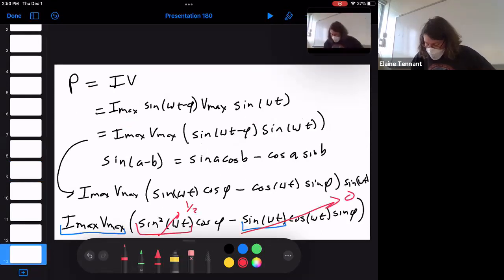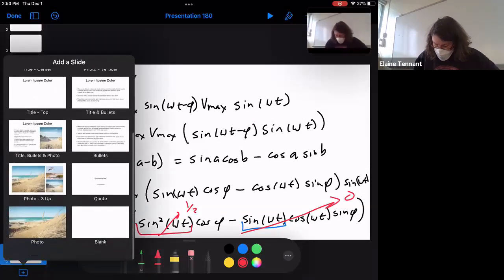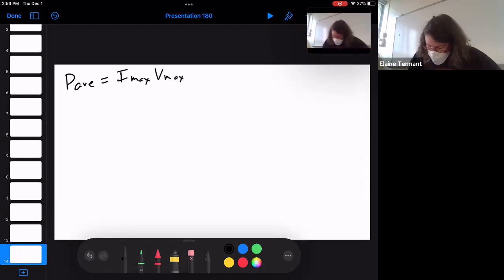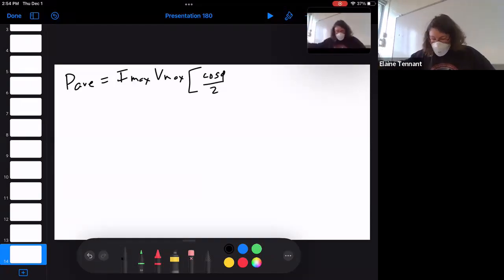Okay, but if cosine of phi is a constant, it's just going to hang around like Imax or Vmax would. So that means the average power in my AC circuit, I got an Imax and a Vmax, and then I have a cosine of phi times 1/2, minus nothing.